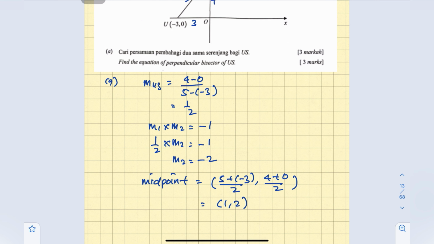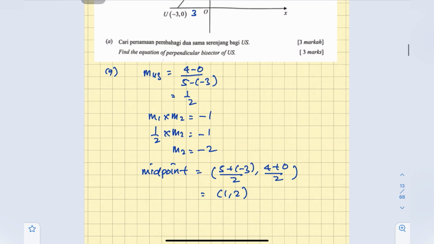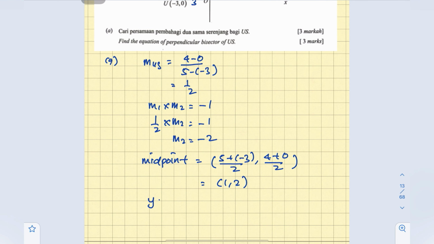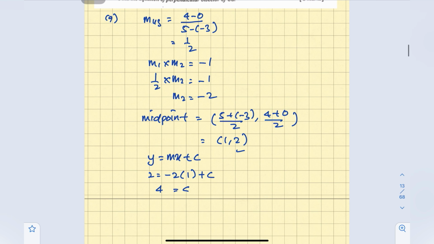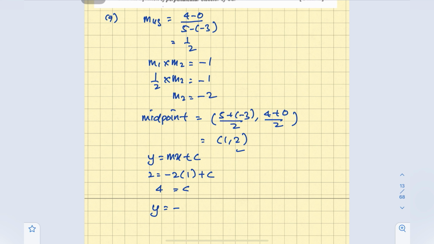So to find the equation of the straight line, y equals mx plus c. The y coordinate is 2, the gradient that is perpendicular is negative 2, x is 1, plus c. So we get c equals 2 plus 2, which equals 4. Okay, so the straight line is y equals negative 2x plus 4.